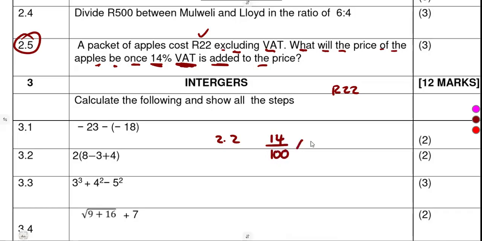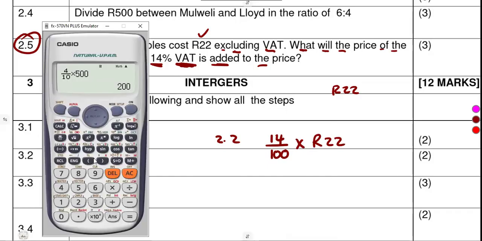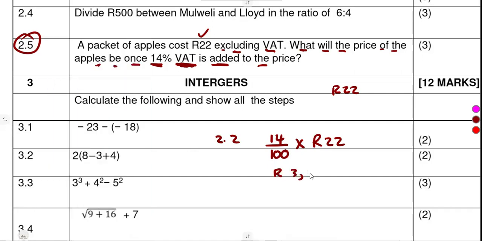Remember how you remove the percentage: times this amount of 22 Rand. 14% of that. So that's 14 over 100 times 22. So this was going to give us 3,08.